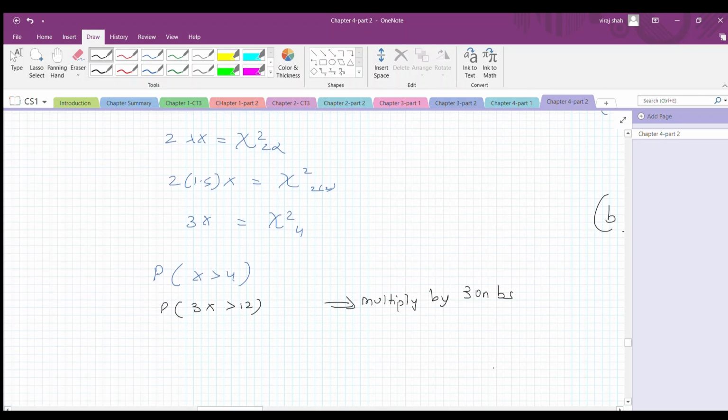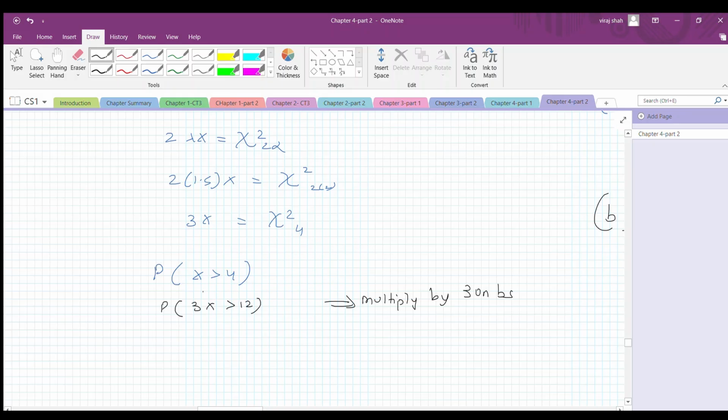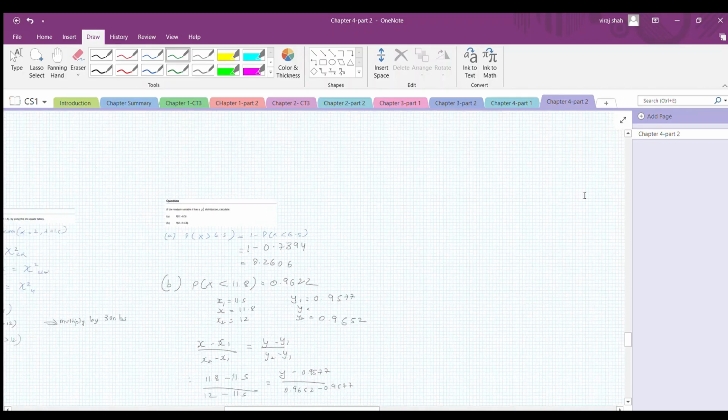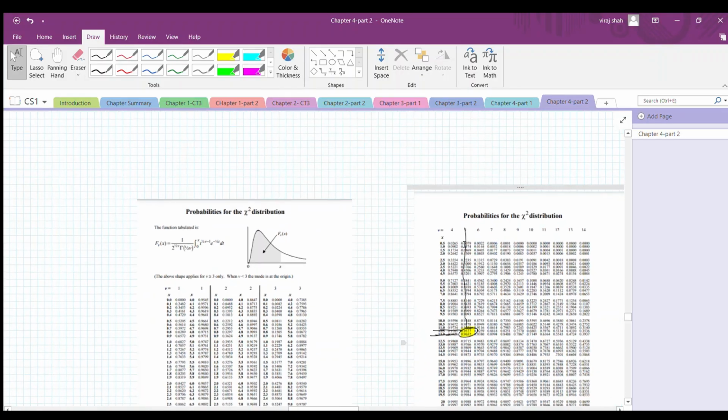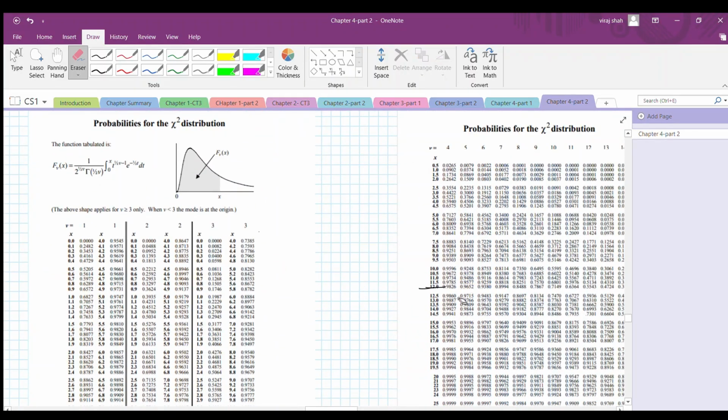Now I can say my 3x is nothing but chi square 4, greater than 12. Now this became easy, right? If you see our tables, I want chi square 4 with 12, which is nothing but 0.9826.